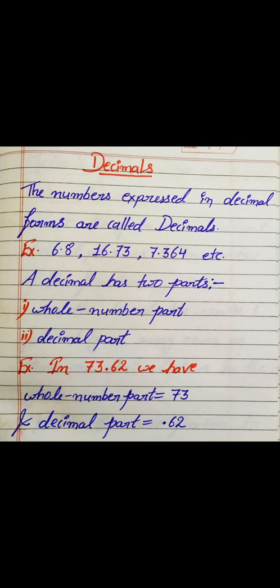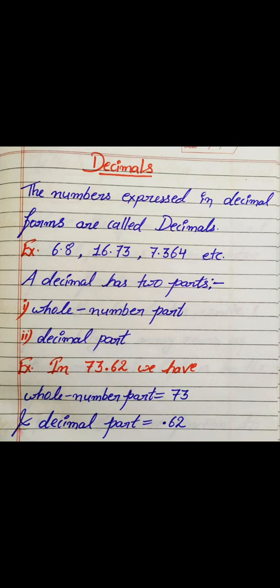A decimal has two parts. The first is the whole number part and the second is the decimal part. These parts are separated by a dot called the decimal point. The part on the left side of the decimal point is the whole number part, and the part on its right side is the decimal part.